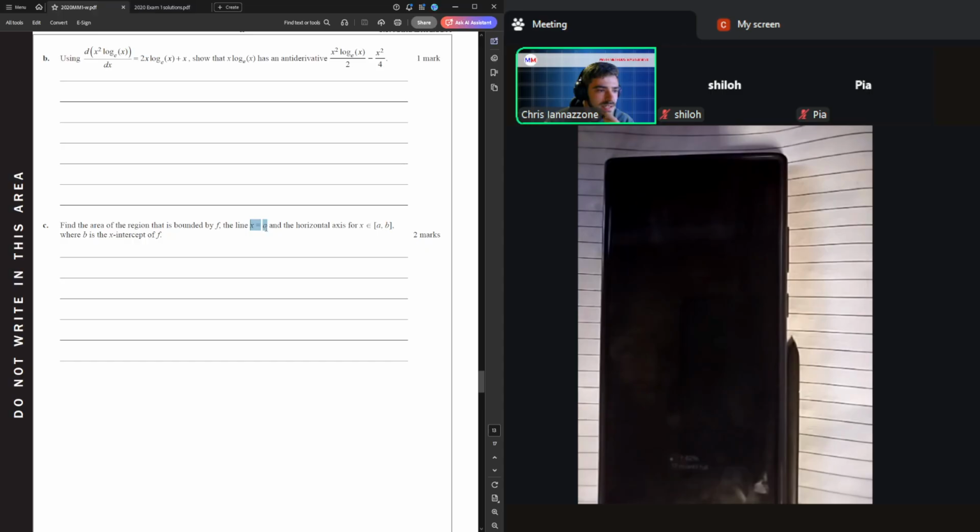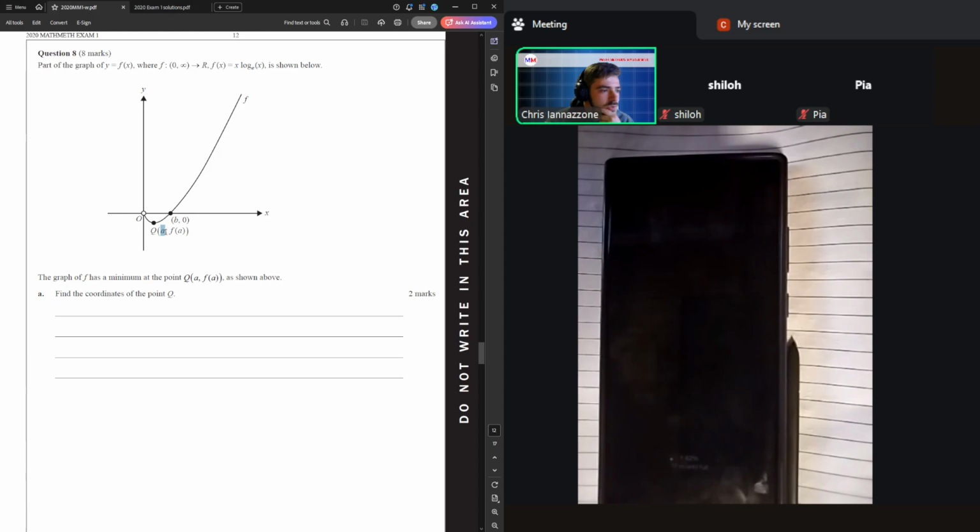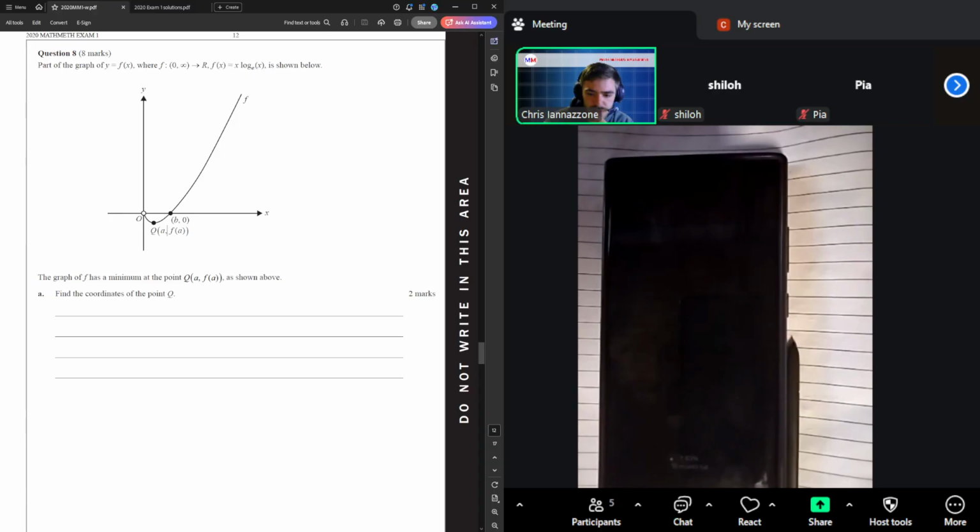Keep in mind that x equals a actually is defined on this. It's not just a random point. x equals a is the x coordinate of the stationary point that we found earlier. You should all have a copy, or at least can see a copy, of the exam plus solutions in there.